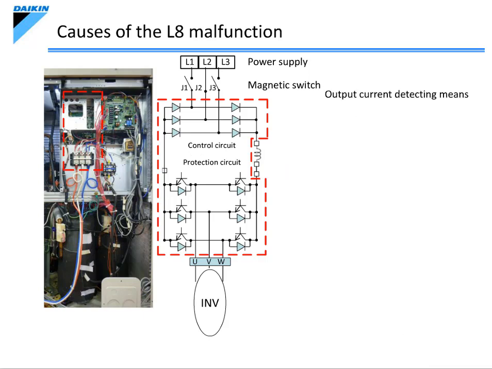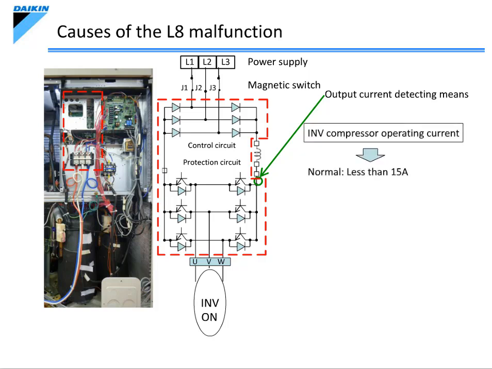The L8 malfunction occurs when current at a prescribed level or higher is detected by the output current detecting means during operation of the inverter compressor. The differences from the L5 malfunction are that the output current detecting means does not determine the L8 malfunction during startup, and different current conditions are used to determine the malfunction.